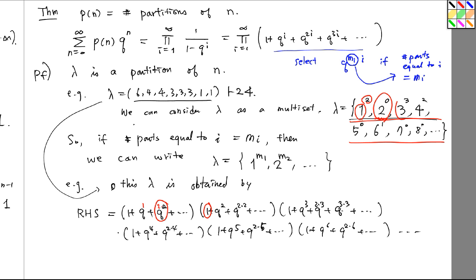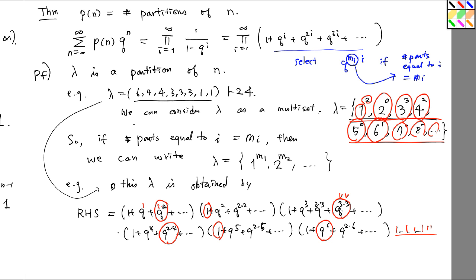For 3, there are 3 threes, so we select this term. And 4 has two, so we select this term. Nothing for 5, so select this. One 6, so select this. And then for the rest, we always select 1, which gives us just 1.